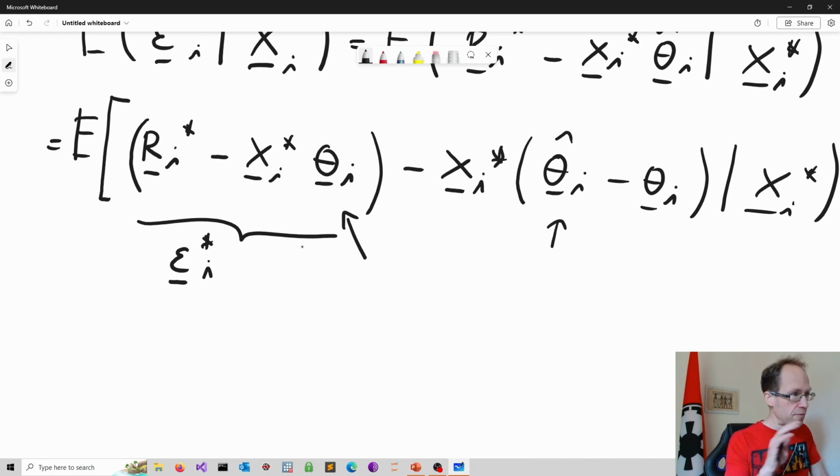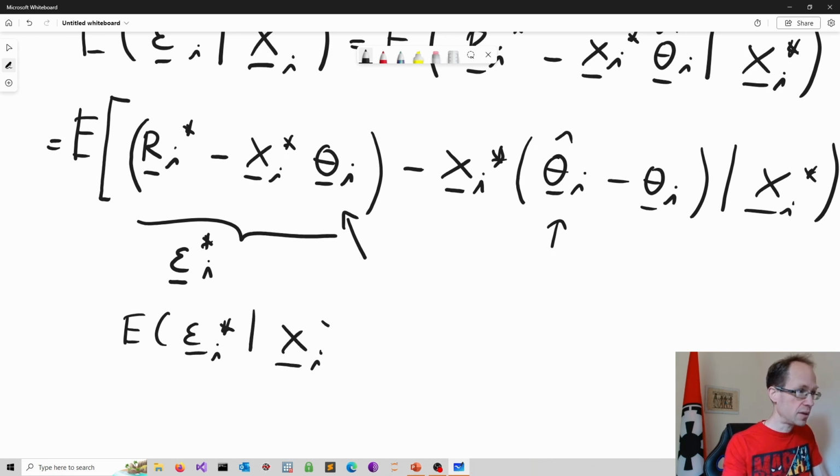So if we assume that our method to determine normal returns is correct, so all the assumptions hold, we would be able to argue that the expected value of this error term in my normal return model, given I observe my data matrix, is equal to 0.